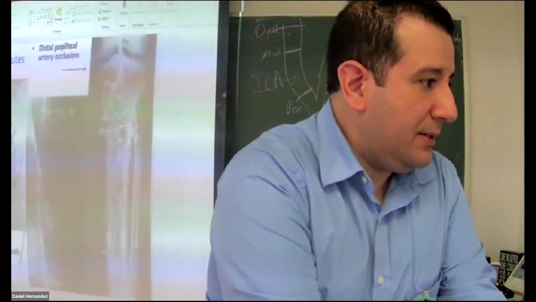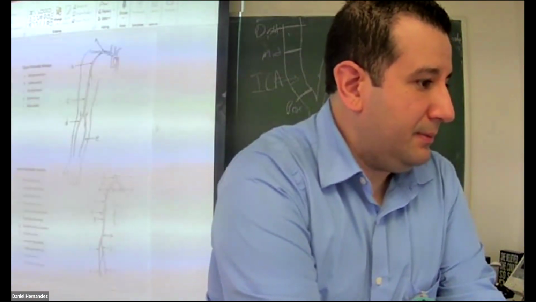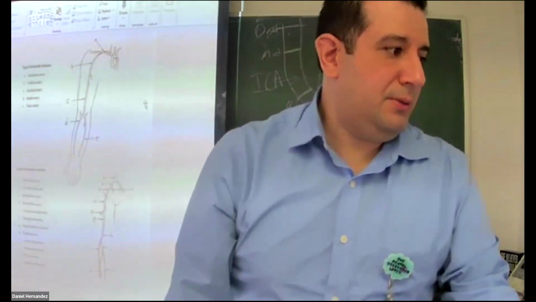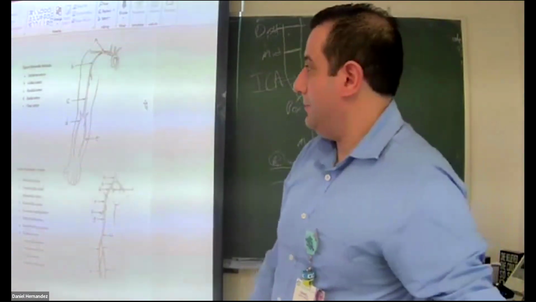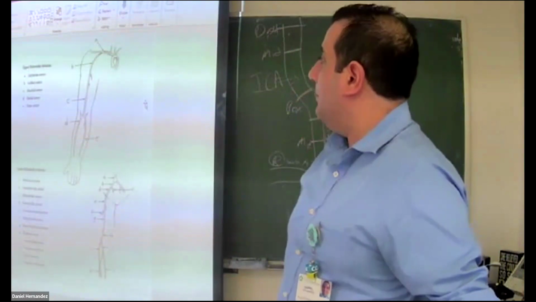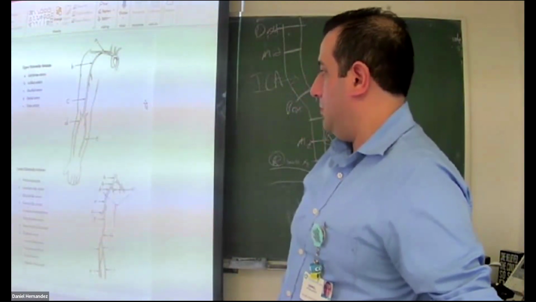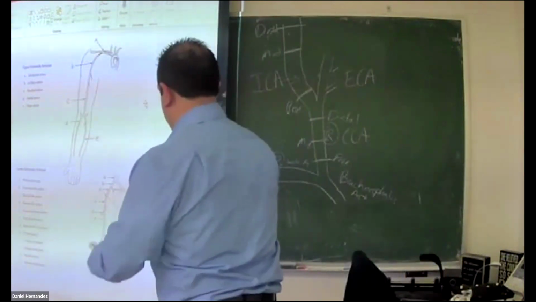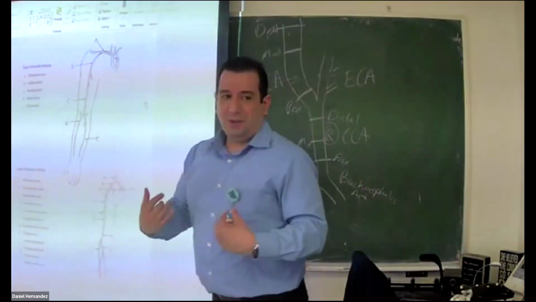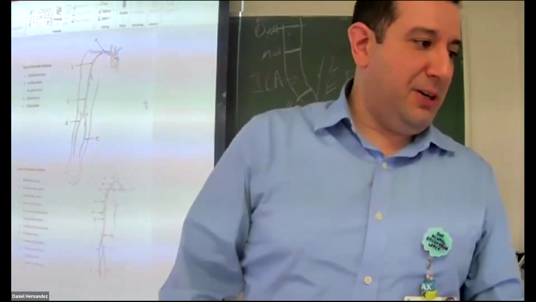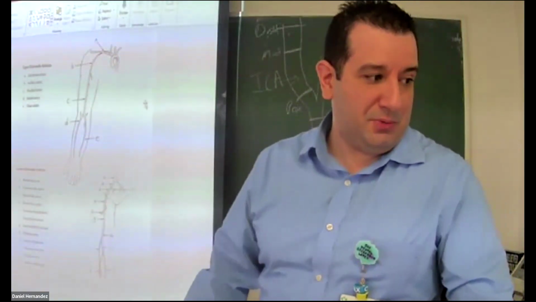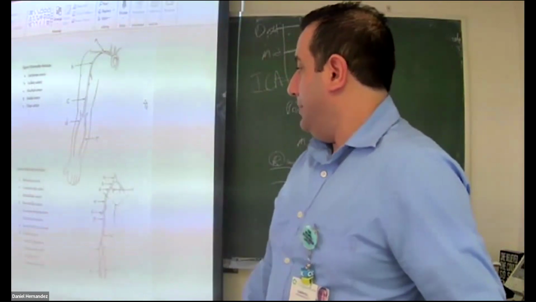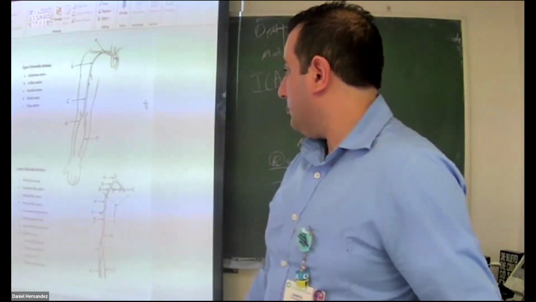Just those major ones that we were talking about. If you can label these, that's really all I'm expecting you to know. The workbook goes into detail about a lot of small branches coming off the aorta and off the major ones. These are really the only ones that the boards are going to ask you about and that we're going to be imaging in the ultrasound lab.